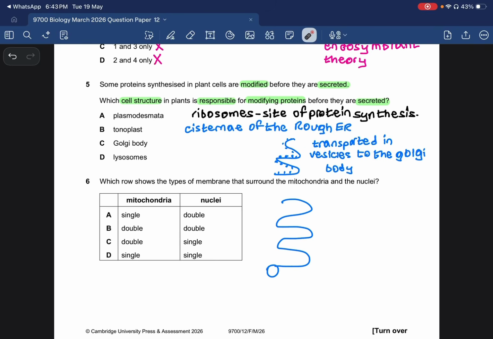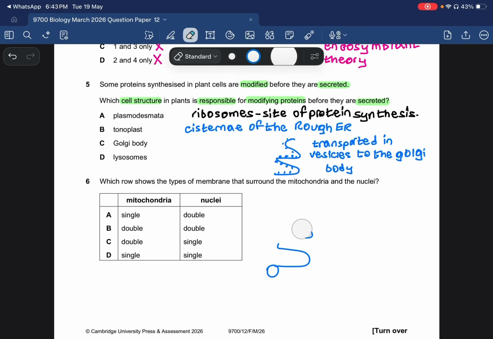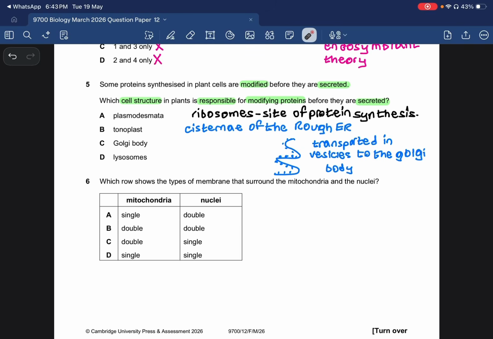Its structure is modified. Let's say a lipid molecule is added to it, or a glycoprotein is formed because of lipid molecules being added to it. So different extra things are added to this protein molecule in order to make it functional.